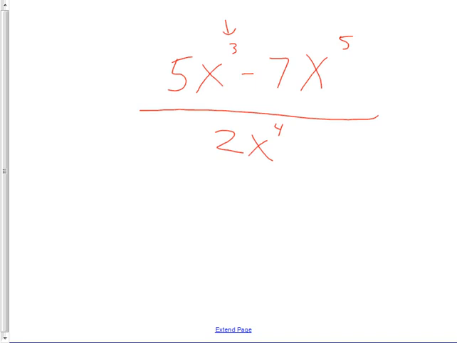No. The top degree is what? 5, because you take the bigger of the exponents. That one's bigger, degree is 5. Some people think the degree is 8. It's not. You take the biggest exponent that you have. Okay? Now, that means this is degree 5 compared to degree 4, so it is bigger on top.